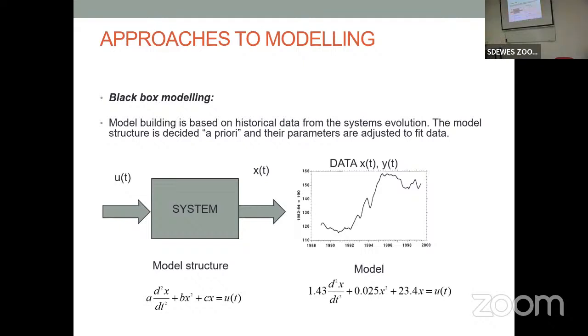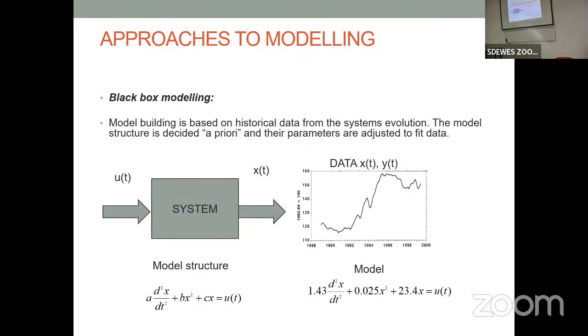Also we can have a black box model if we decide, okay, this is the system, and I decide that this is going to be the structure. Why? I don't know why, but this is going to be the structure. So I try to fit all this data with this structure. This is a second order equation.